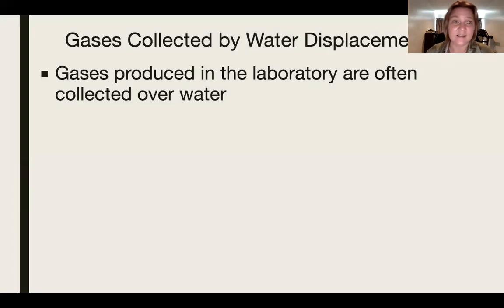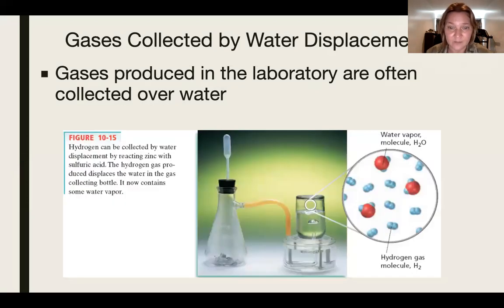And the last topic for this section is gases collected by water displacement. Gases produced in the laboratory are often collected over water. So you can see here, we've got a chemical reaction that's going on inside the flask, and hydrogen gas is being released and is being bubbled through water, and this is the water vapor that is mixed with hydrogen gas.